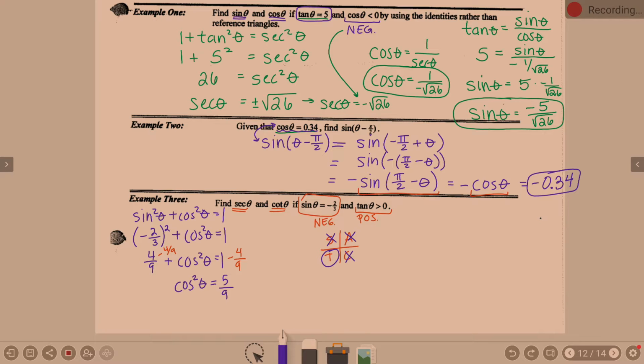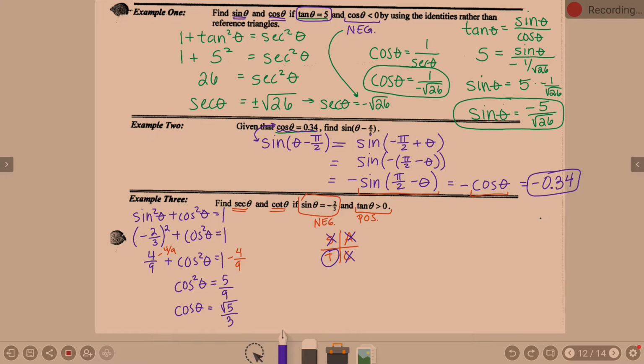The square root of cosine squared theta is cosine theta. What's the square root of 5/9? I don't want a decimal answer. Square root of 5. What's the square root of 9? 3. So how can I write this? Square root of 5 over 3.